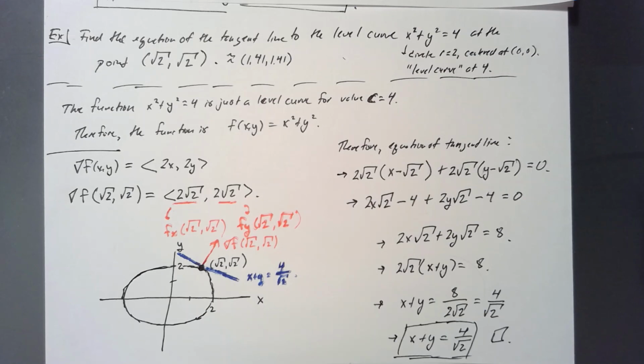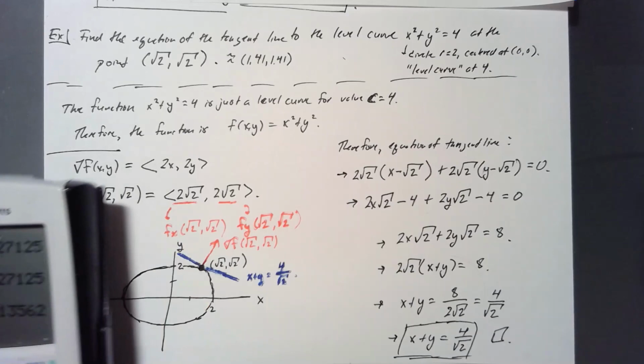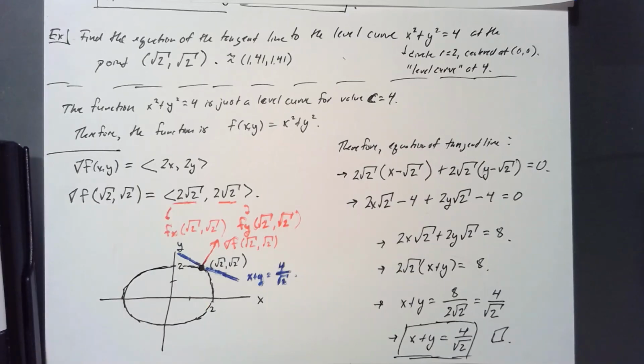So in the next section, 14.6, we're going to look at tangent planes. How do we find a tangent plane? And how do we find a normal line and a tangent plane, stuff like that. And what does it mean for something to be normal, or things of that nature.